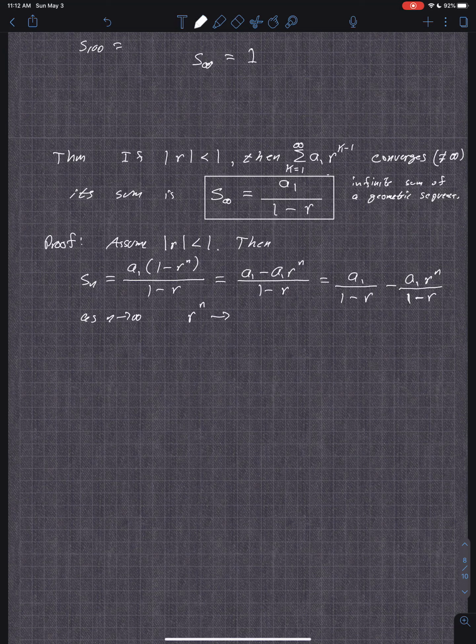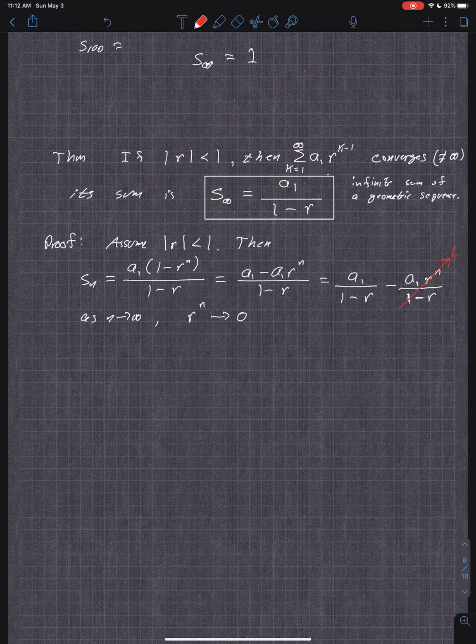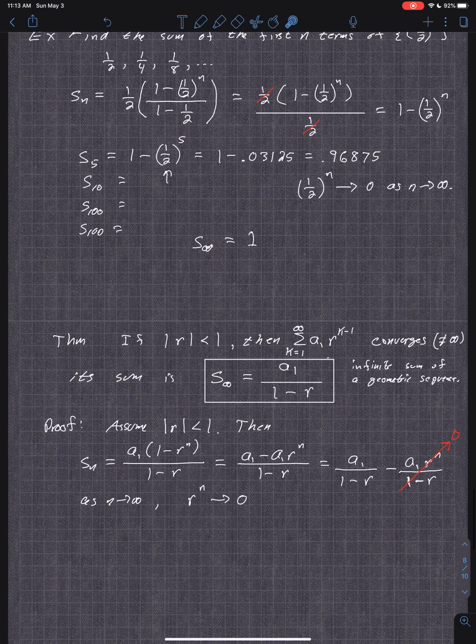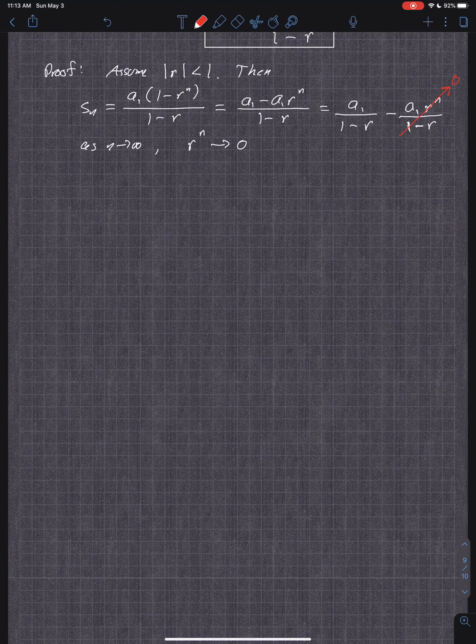So this whole thing approaches 0 as you approach infinity. So what you're left with then is this form right here. That whole term disappears, which is essentially what we got back here. This was the term that approached infinity as you kept going. That's the same basic form that you end up getting there. Okay, so that's basically it. Let's use that to do the previous one.